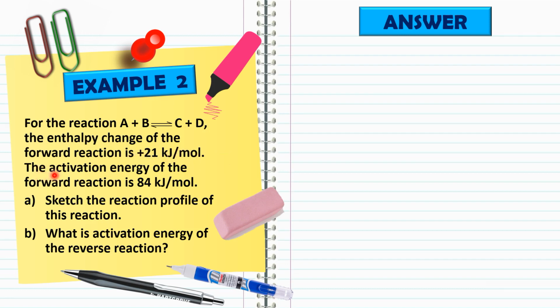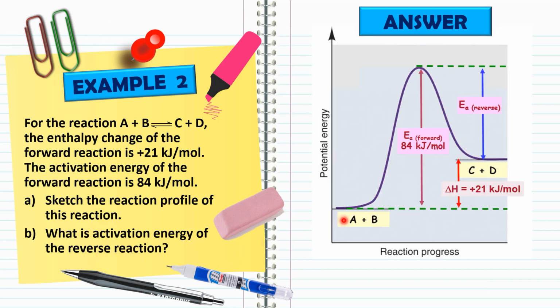The activation energy EA for the forward reaction is given as 84 kilojoule per mole. Then you have to sketch the reaction profile of this reaction. Reaction profile here refers to the energy profile diagram. And then you have to calculate the activation energy for the reverse reaction. So this is the sample answer.